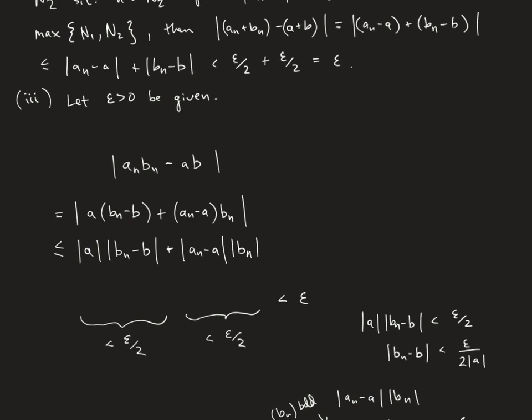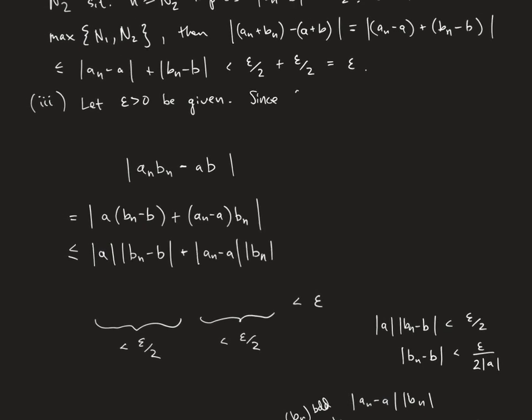Okay, so since the b_n sequence goes to b, there is M greater than 0 such that the |b_n|'s are less than or equal to that M. Okay, in the case where a equals 0, so let's say, sorry, assume that a is equal to 0.